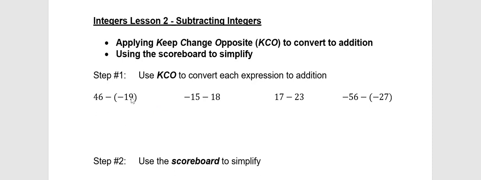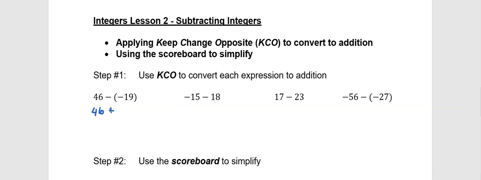So keep change opposite, or KCO, has us do exactly what it says. When I look at an expression like 46 minus negative 19, I'm going to start by keeping the first number. So I'm going to say 46. And instead of subtraction, I'm going to change to addition.